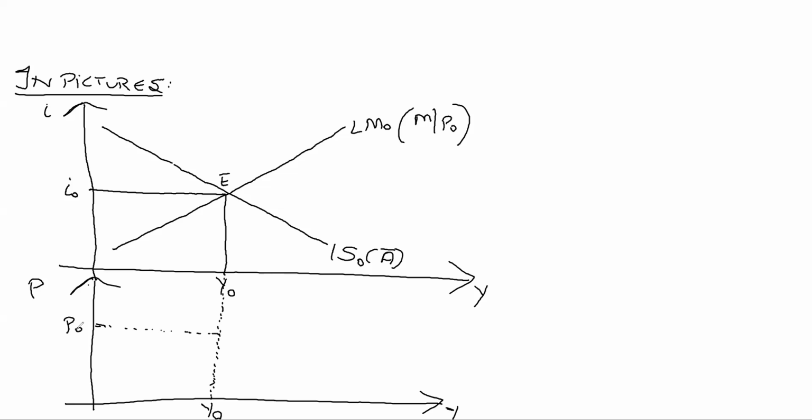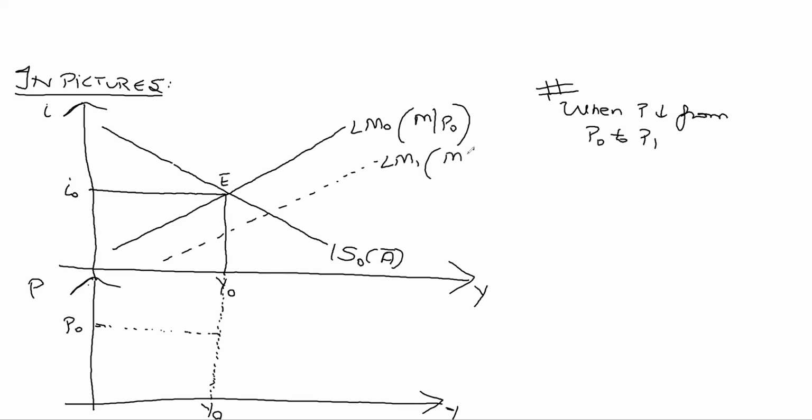Now when price falls from P0 to P1, what happens to the LM curve? Shifts to the right. Interest rates fall by -1 upon H times change in M by P.